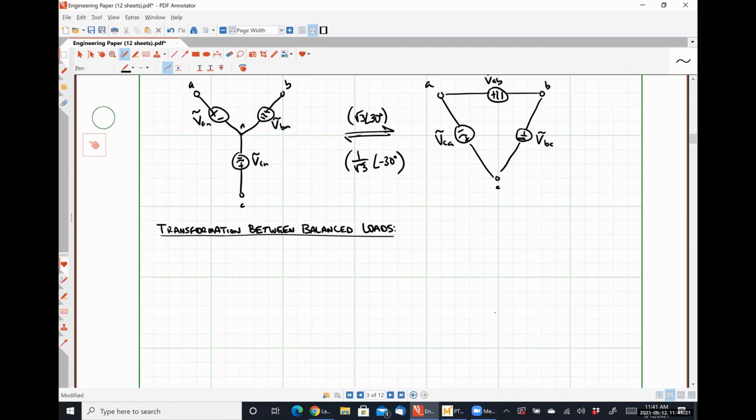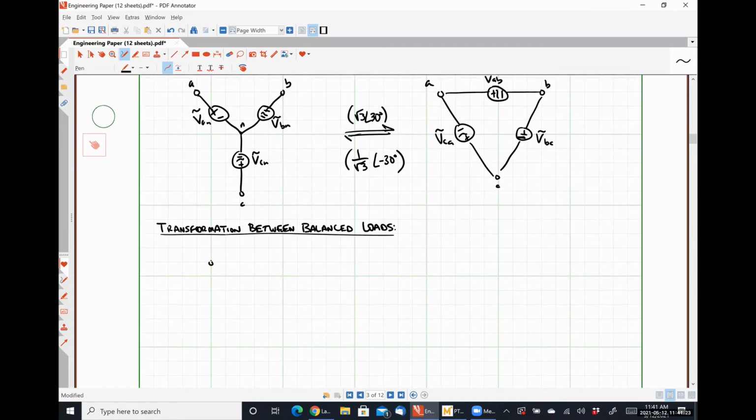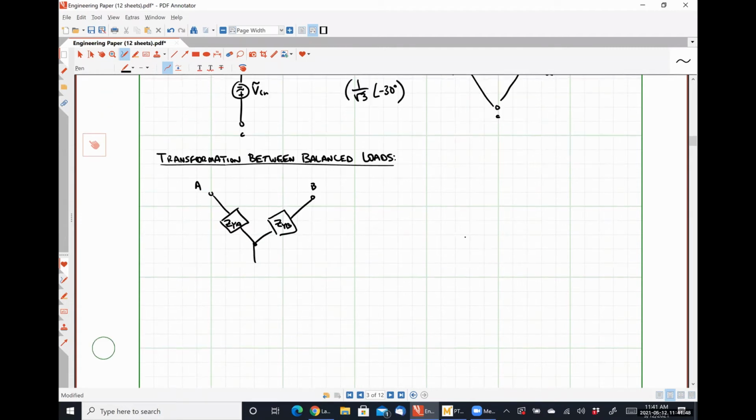All right. So let's say that I have, all right, this should not be circles because it's not sources. A Y-connected load.